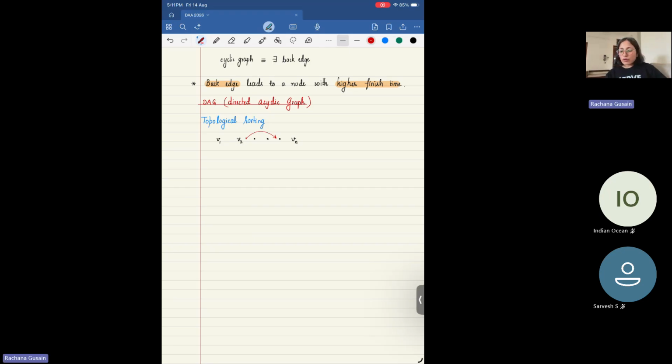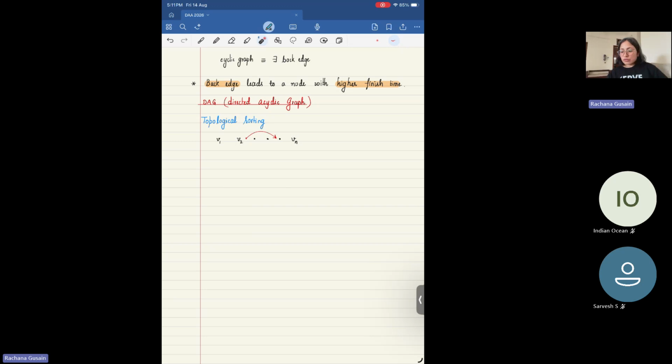Okay, so I need an ordering on the vertices of the graph so that if I take any edge in the original graph, it must be pointing in the forward direction. That is what we mean by topological sorting.